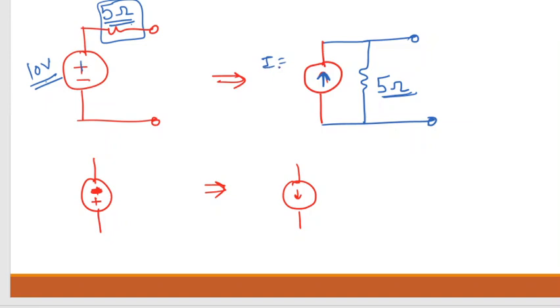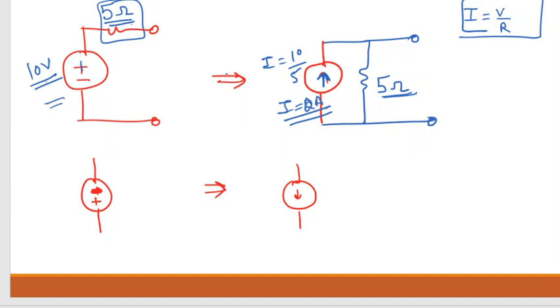So how much is the current? According to Ohm's law, I is equal to V over R. V is 10 in this circuit, R is 5, so I is equal to 2 ampere. It's so easy to convert now.